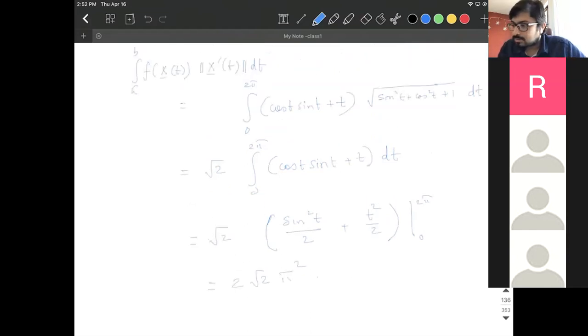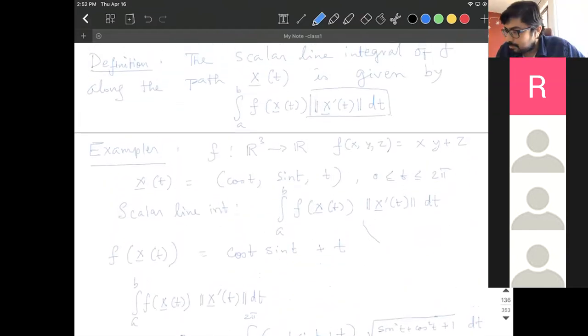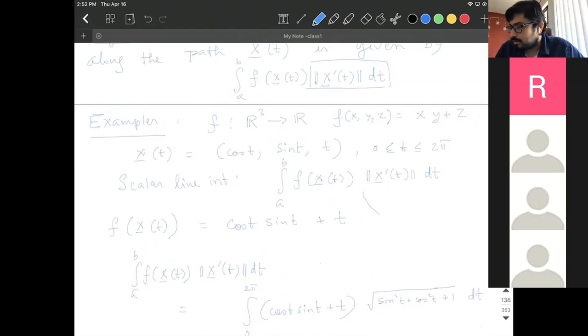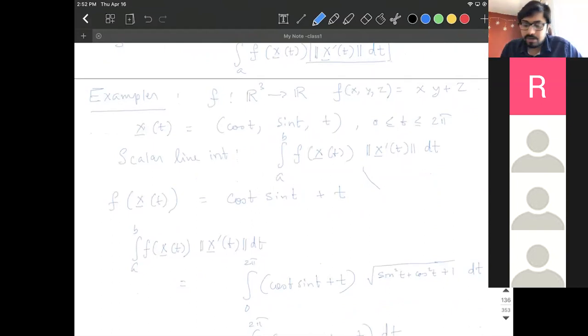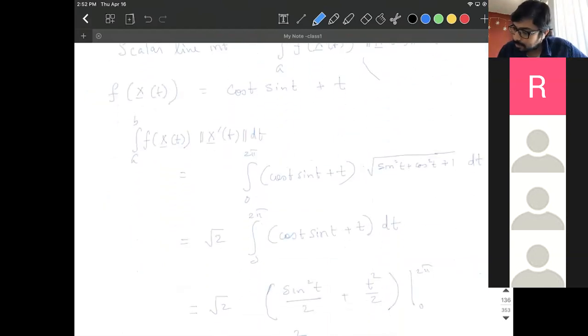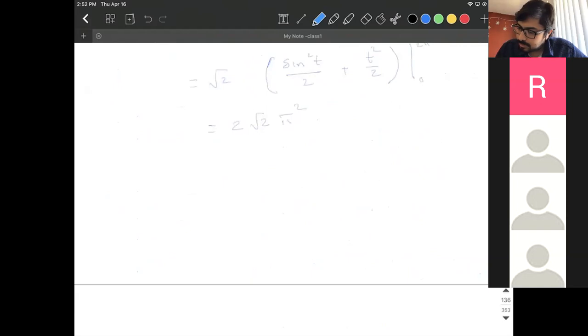So this is the total mass. If you can consider this as the density function, then yes, this is the total mass of this variable helix from the point 0 to 2 pi. So that's the physical significance once again.